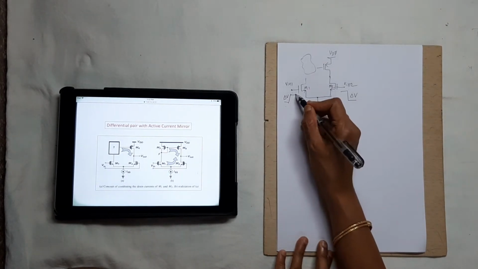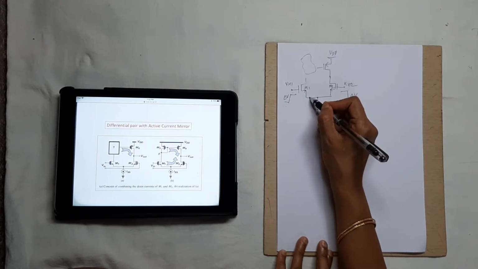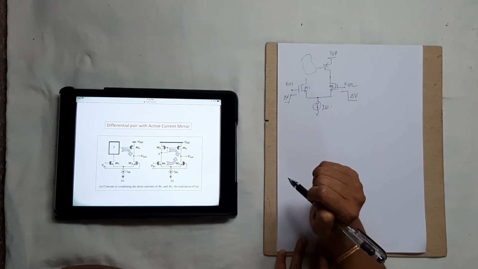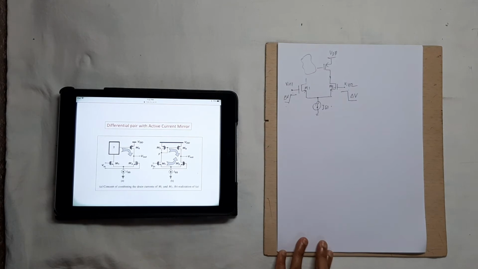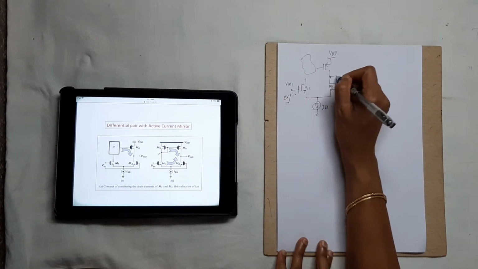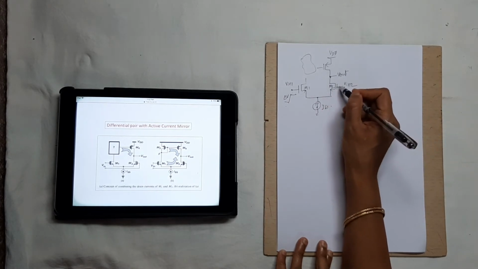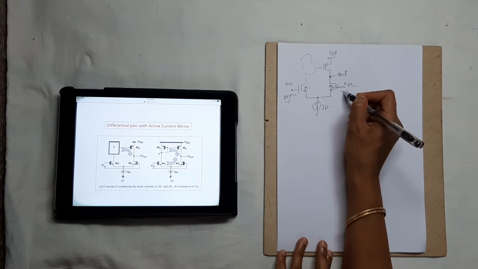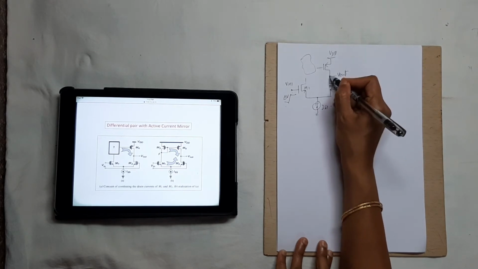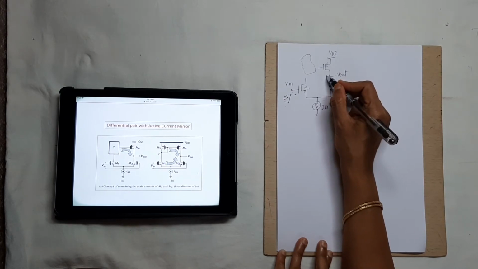If V in 1 increases by delta V, then more current flows through M1, and since V in 2 is decreased, less current flows through M2. M2 draws less current. Now think of this circuit, where of course this is the output voltage. Think of the circuit where M2 transistor input is applied to the gate terminal and output is taken from the drain terminal. This is nothing but the common source stage.